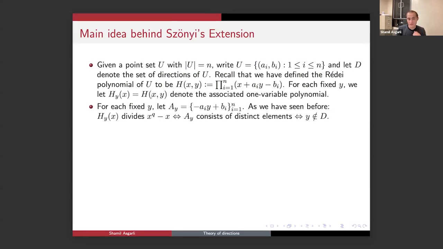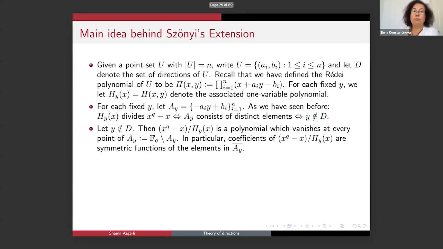And then we also saw the following, that if you look at this set, for each fixed y, we can look at these combinations, a_i y minus b_i, or if you like, minus a_i y plus b_i, that's equivalent. Then we saw that H_y(x) divides x^q minus x. Basically, we saw this if and only if A_y consists of distinct elements, and if and only if y is not in the direction set.